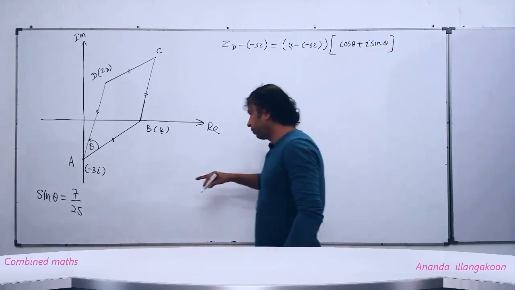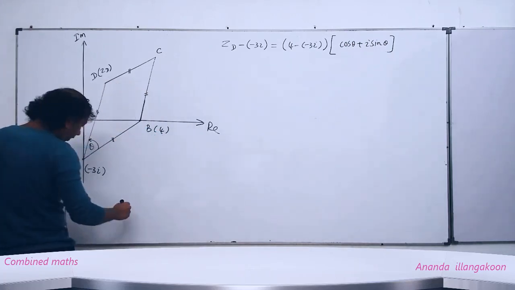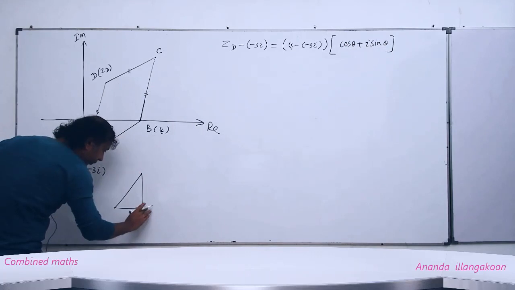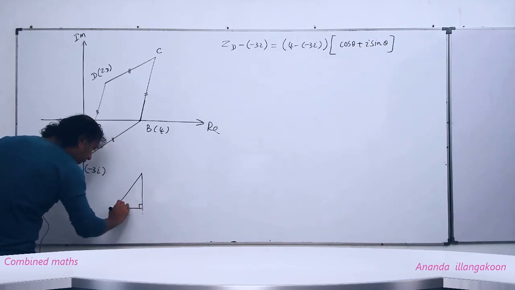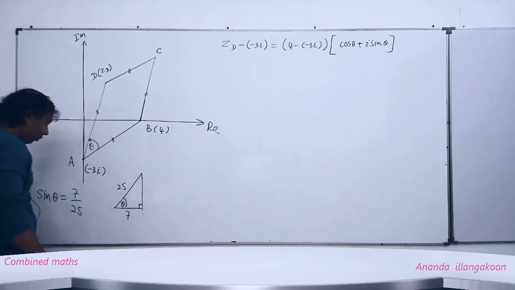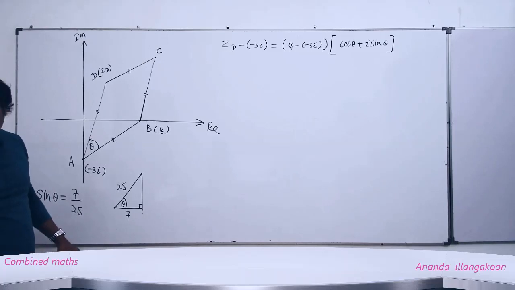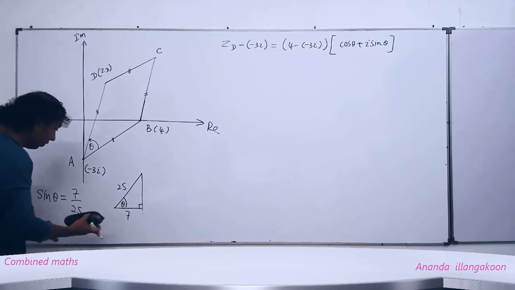But for this triangle, from sin theta we can find cos theta. Here the opposite side is 7, the hypotenuse is 25, right?